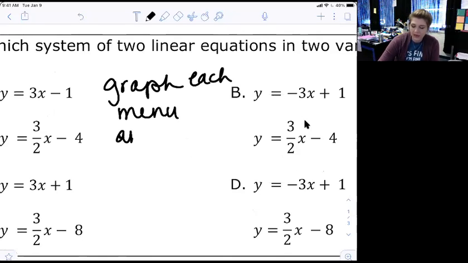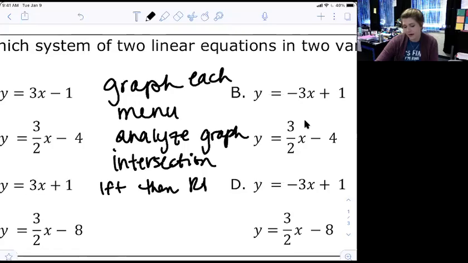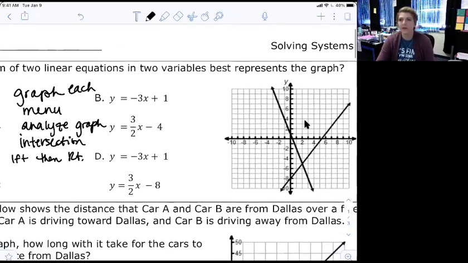You're going to analyze graph. And then you're going to do intersection. You're going to be clicking the left side, then the right side. So let's take a look at this picture over here.